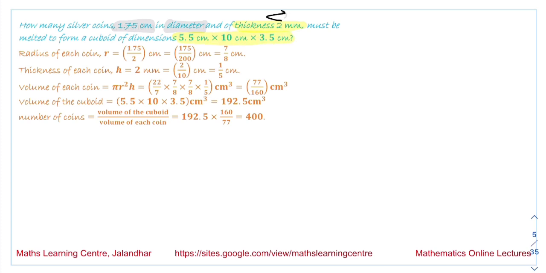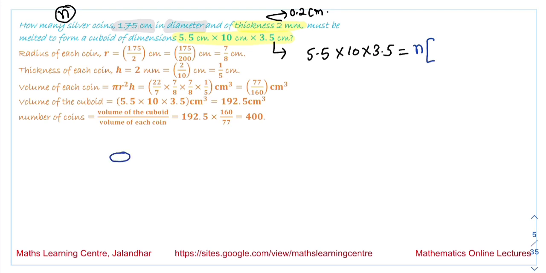So if we change this 2 mm into centimeters, we will get 0.2 centimeter. So suppose the number of coins is n coins. So the volume of this cuboid is 5.5 into 10 into 3.5, and that should be equal to the number of coins into the volume of each coin.